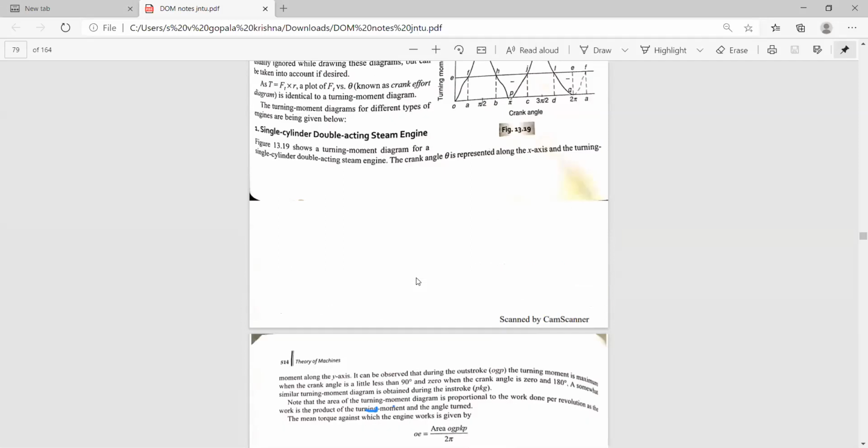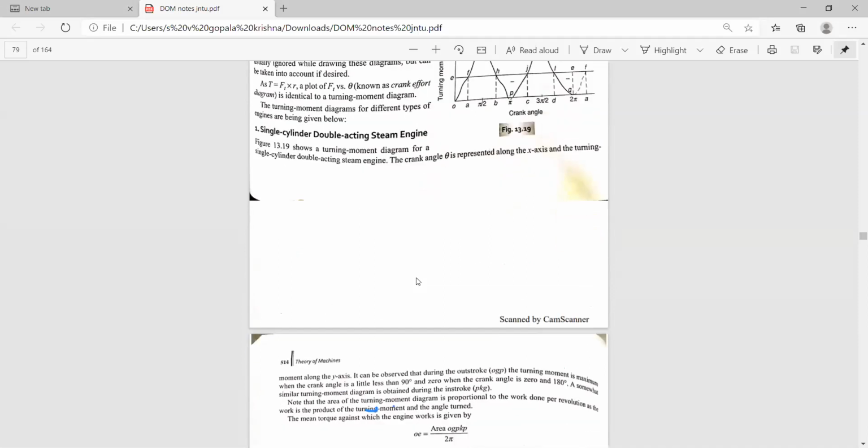The mean torque against the engine works is given by OE equals area of OGPKQ divided by 2 pi.